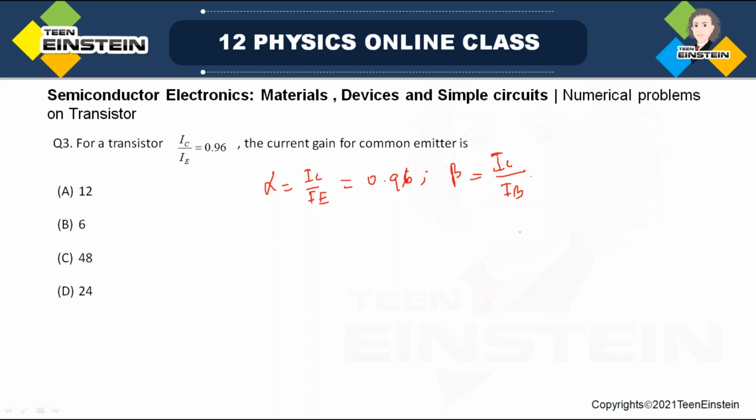Anyway, we have to understand whether there is any relationship between alpha and beta. Answer is yes, we have two relationships. See, we can write either beta is equal to alpha by 1 minus alpha, or we can write alpha is equal to beta by 1 plus beta.